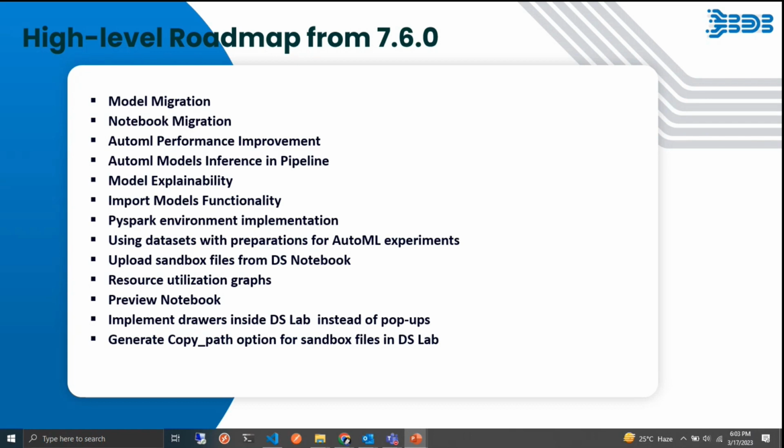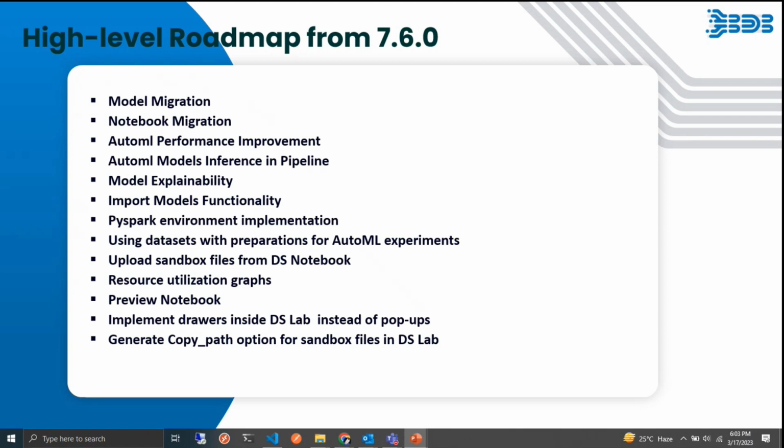We had envisioned to undertake model migration and notebook migration. We wanted to improve substantially the performance of AutoML experiments, and we also wanted to make sure that we are able to do inferencing in pipeline using those AutoML models.